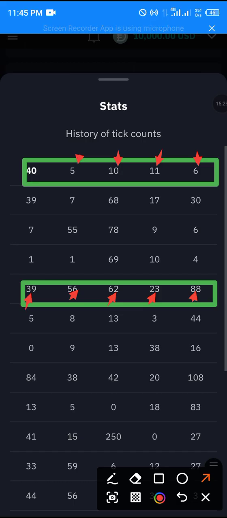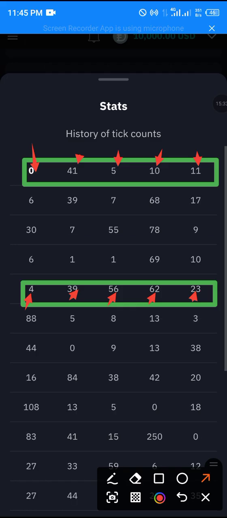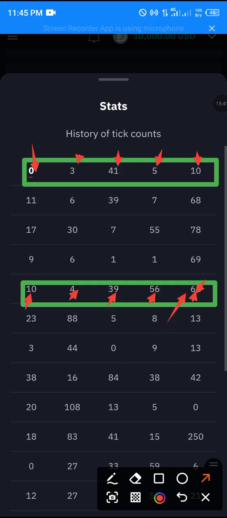This is 39 and this is 40 right now here. If you look at this particular one here, you will see that this session entirely is a better one than this particular one here.